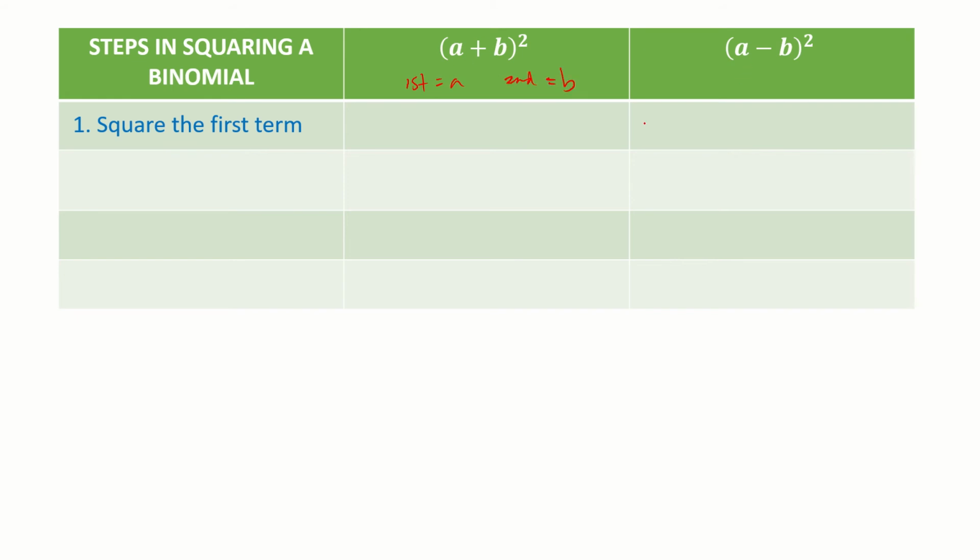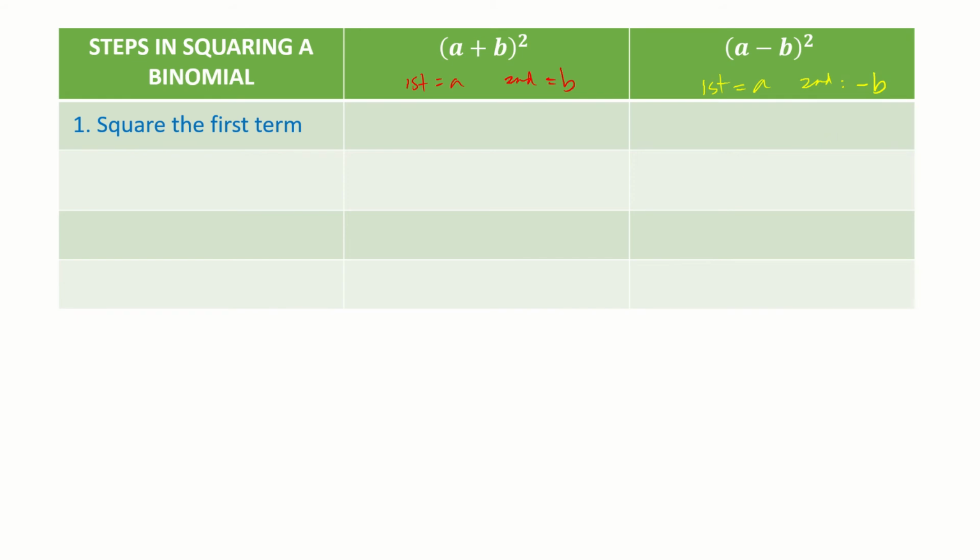And here, our first term is a. Our second term is not just b, but because it's minus b, we take the minus as a negative. So negative b.